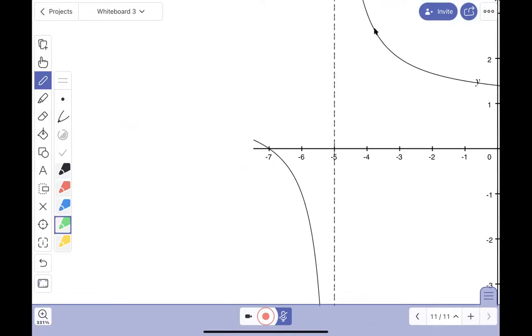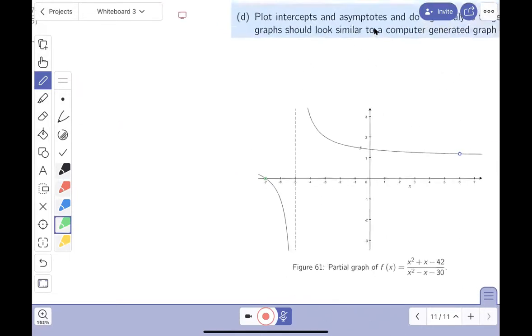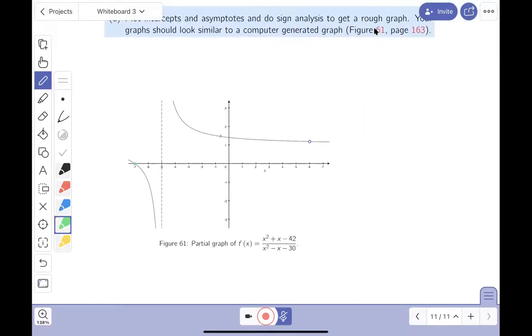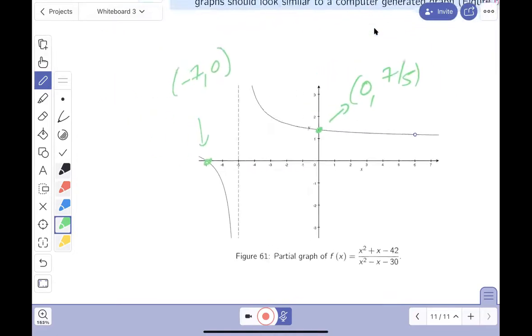I'm seeing it. You get the idea? And what's the other point I'm supposed to be seeing? 7/5. Let me write this down over here. This is 0, 7/5. This point over here is -7, 0. Pretty simple. I got 2 lousy points.